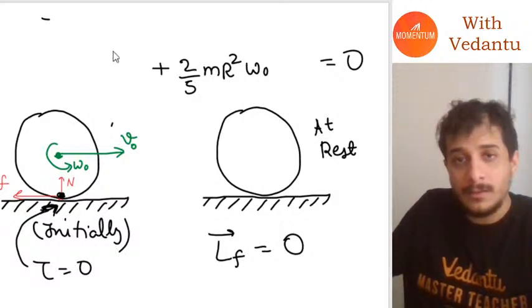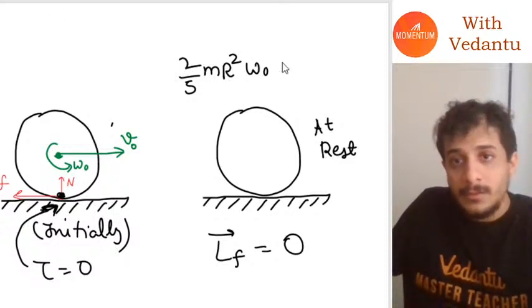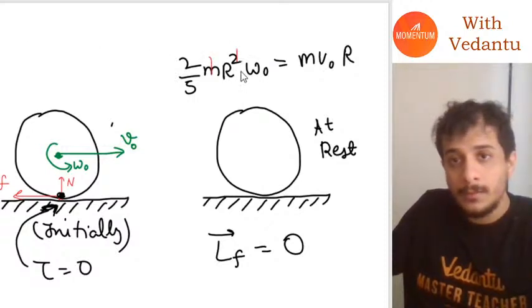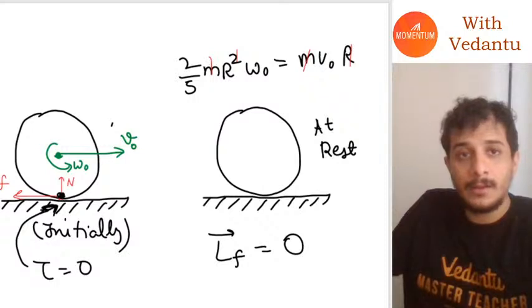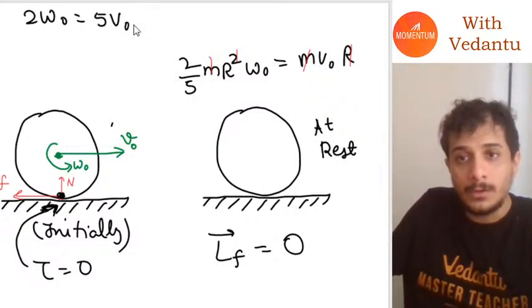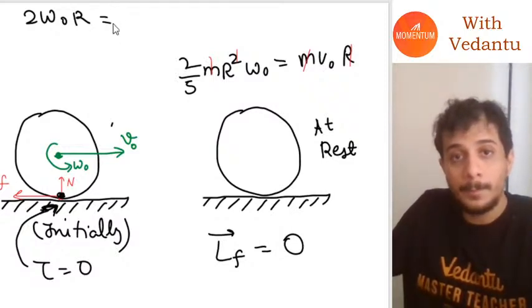So I will just get this is equal to m v naught r. Now m and m will get cancelled out, one r will get cancelled out with one r. And I will just get the final answer: 2 omega naught r is equal to 5 v naught.